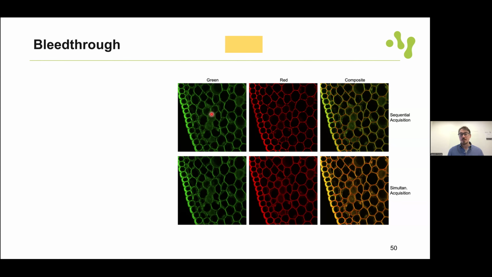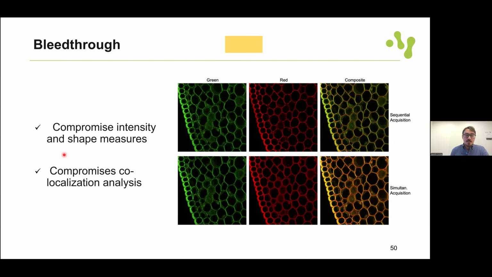In the sequential acquisition, only one of the fluorophores was excited during each channel's acquisition, so we don't see much of the green signal in the red channel that we can see down here. And if we compose the image, this one has a lot more tones of yellow because of how the green channel has been bleeding into the red one.